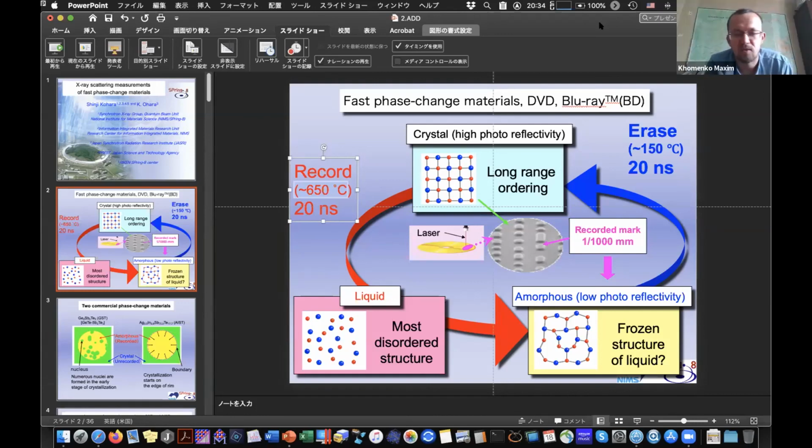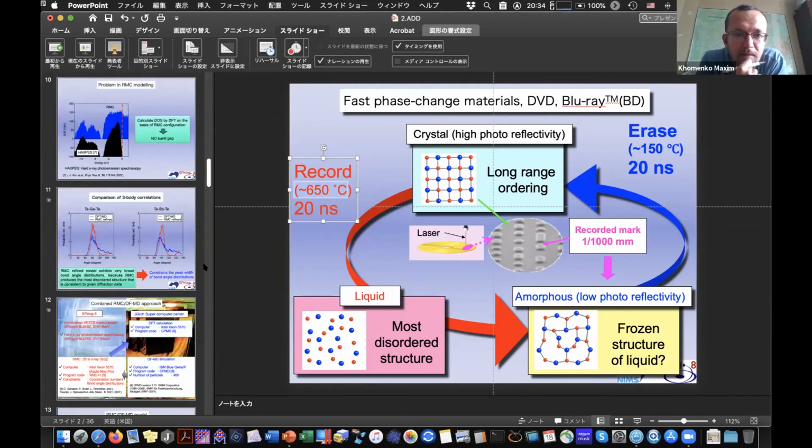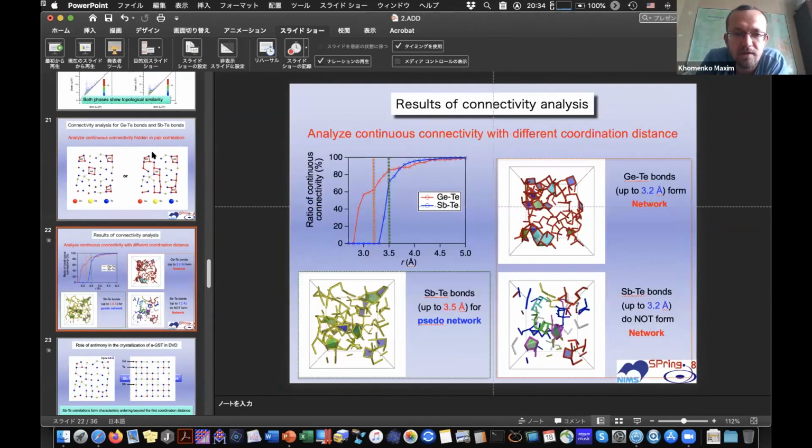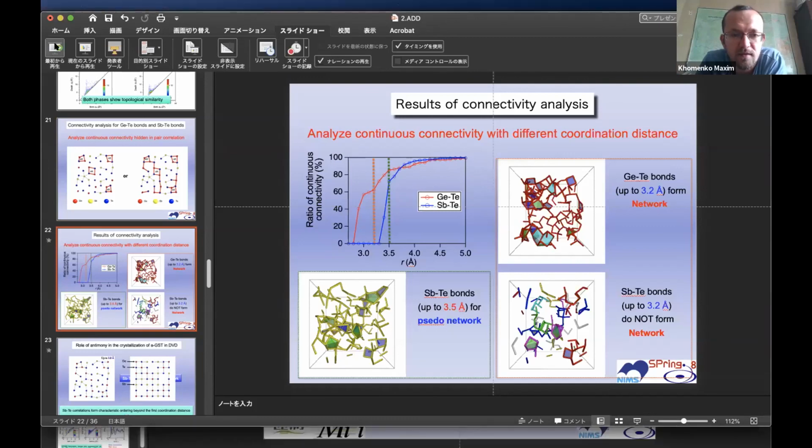May I ask one more question? Yeah, sure. So the question is on the last part of your last presentation. As I understood, the idea to have quick crystallization is to have a network, am I right? To have a network in an amorphous state.